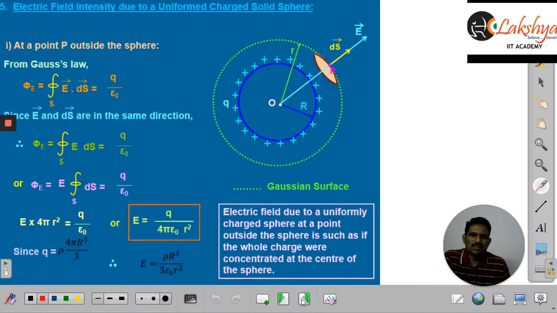Now similarly, let us take this volume charge distribution here. The electric field intensity due to a uniformly charged solid sphere. So this is a uniformly charged conducting sphere.